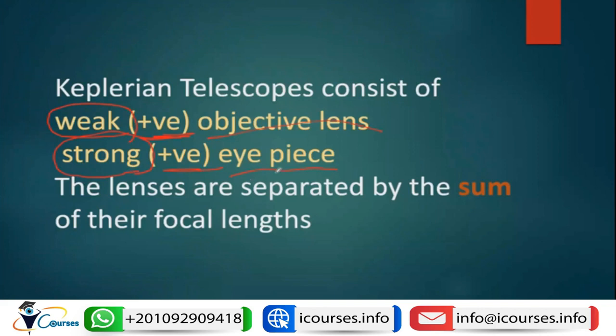In the Keplerian telescope, the lenses are separated by the sum of their focal lengths. So the objective lens and the eyepiece are separated by the addition of the focal length of each one of them.